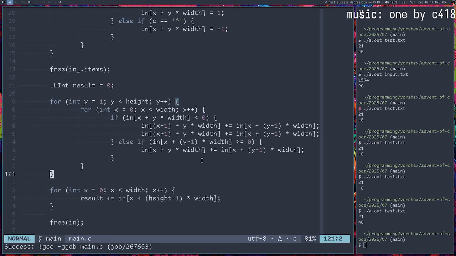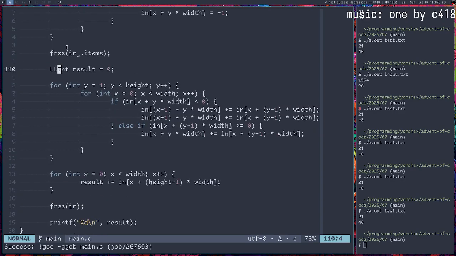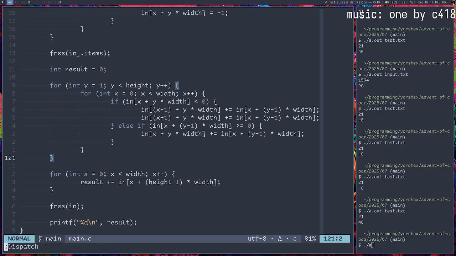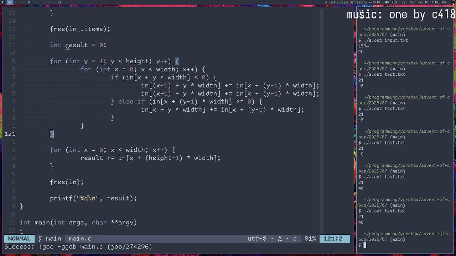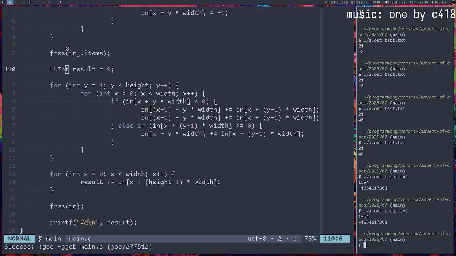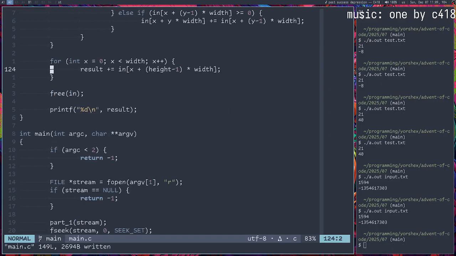And now maybe I can use an integer here. So let's try this on our input. It's a negative number. It's still a negative number.